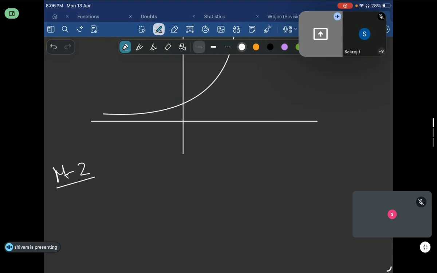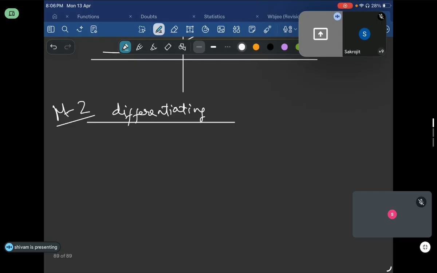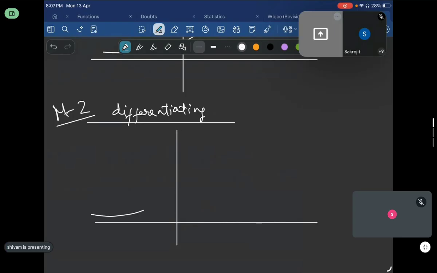Next, method 2. Another way of determining injective mapping is differentiating. Pay attention. Differentiating the curve means actually finding the slope of the curve. What does differentiation of a function at a point give us? It gives us the slope of the tangent, right? So this is the curve.